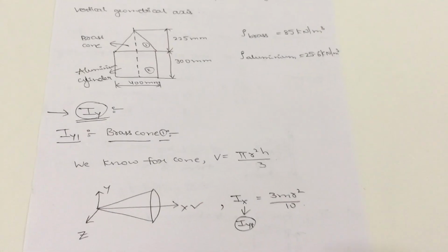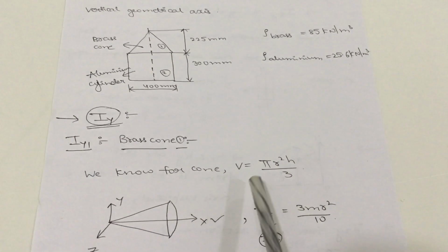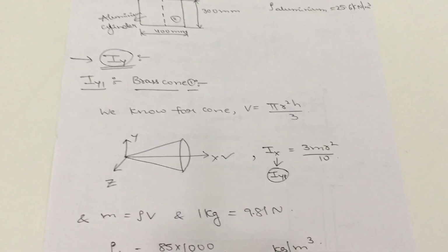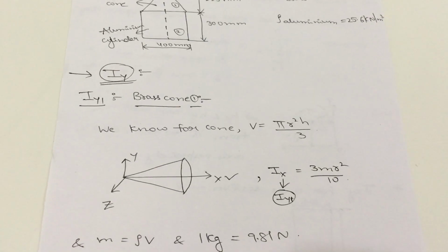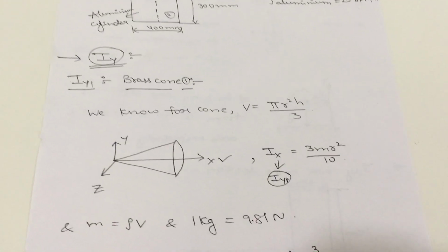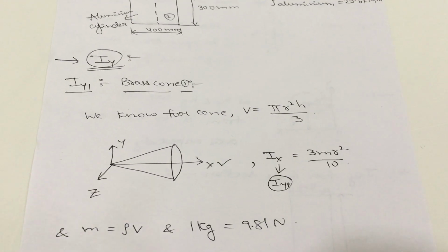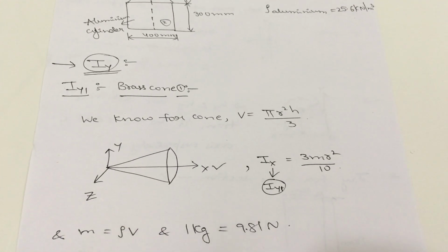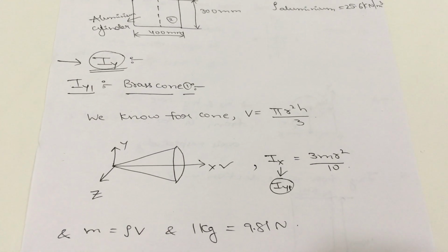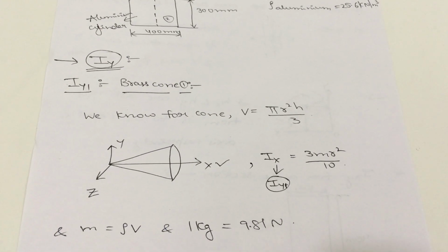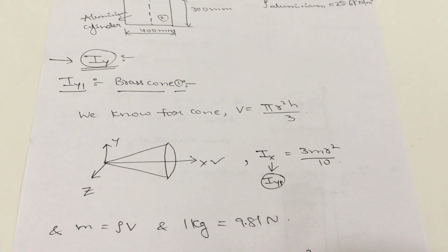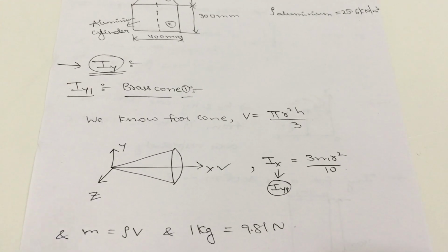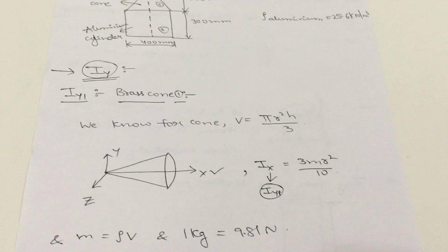As we know, the volume formula for the cone is pi r square h by 3, and here I want to tell one thing. Generally formulas are based on the default diagrams only. The default diagrams come from geometrical considerations like the position and shape of that particular diagram. Based on those geometrical considerations and default diagrams, formulas are derived.